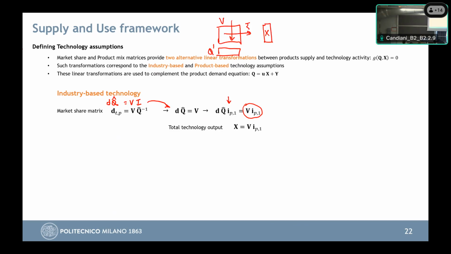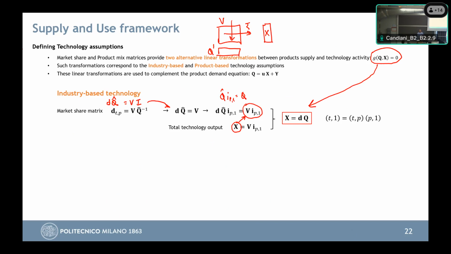Okay. Since we got this expression here, we can now substitute the X on the left-hand side. We remember that the diagonal of Q times i is simply equal to Q, and we are approaching the very final linear transformation between X and Q. So we got X equal to D times Q. Remember that we were looking for a linear transformation between Q and X, and we finally reach it by simply defining one neat elaboration of make coefficients.